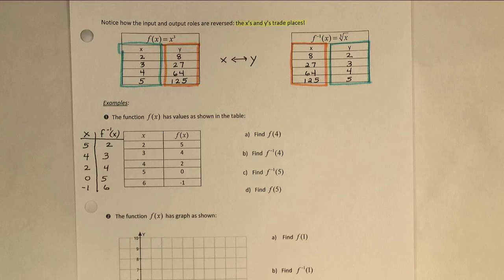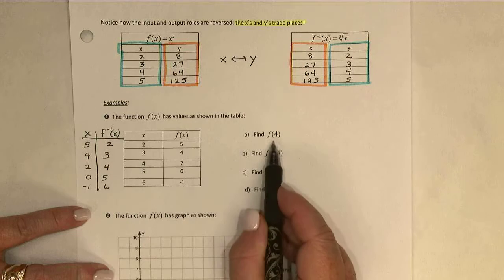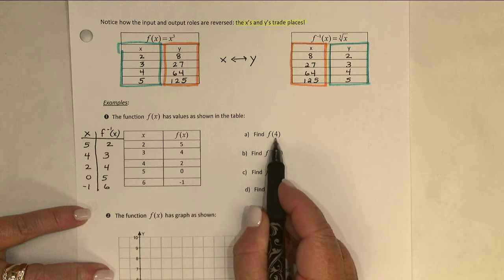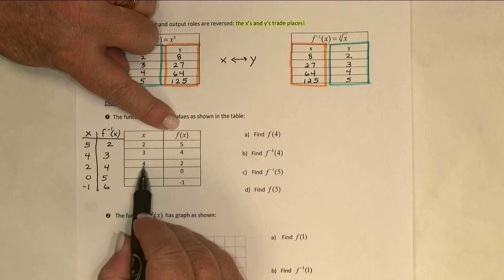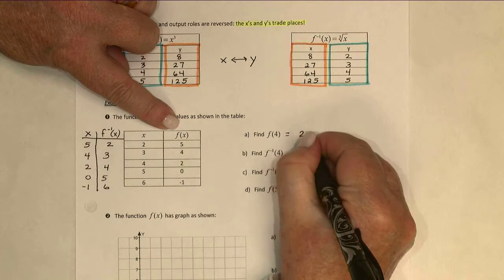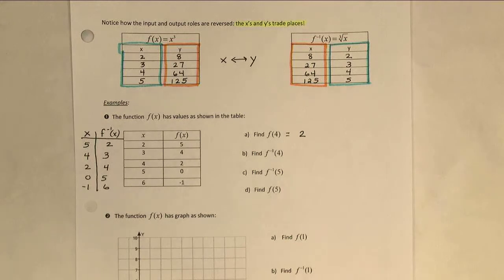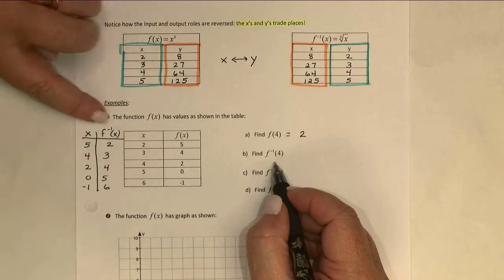I can now go ahead and answer these questions pretty easily. If I want f of 4, I go to the function table and say for x equal 4, y would be 2. If I want f inverse of 4, I go to the inverse table and say when x is 4, y is 3.